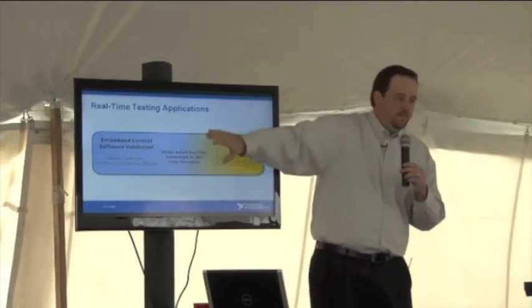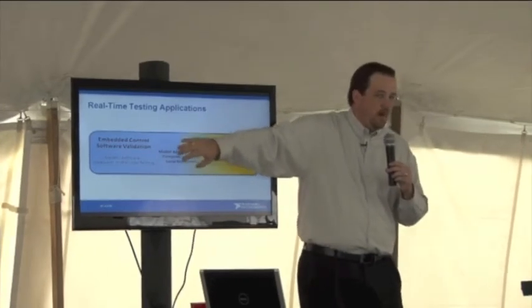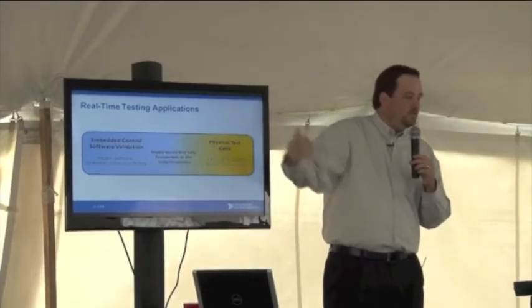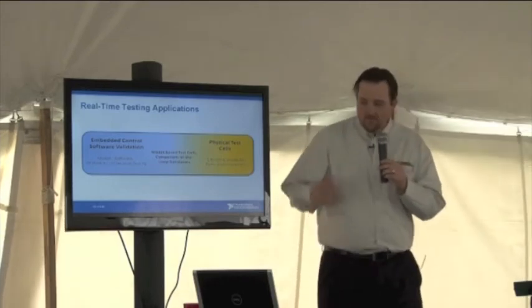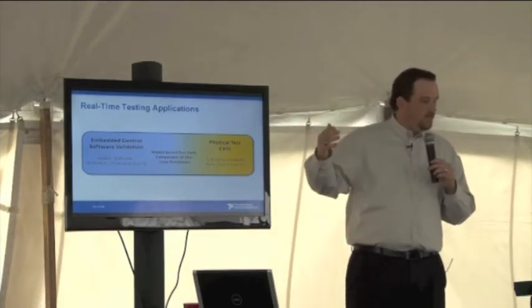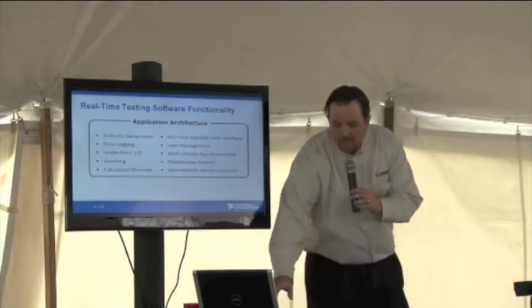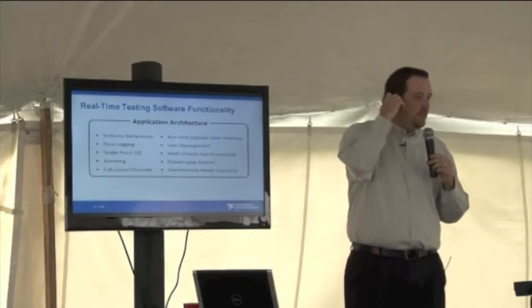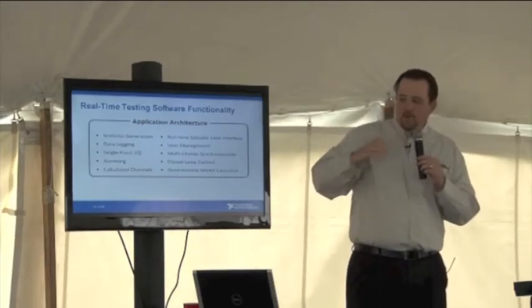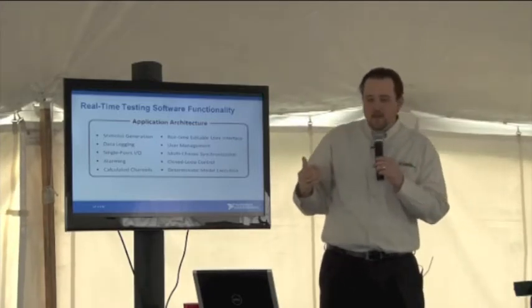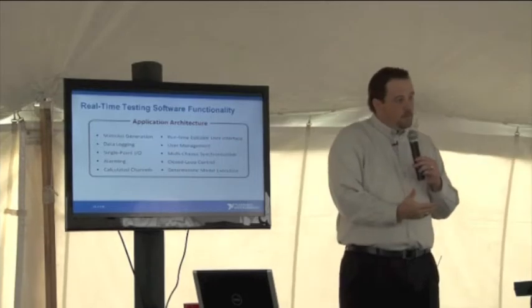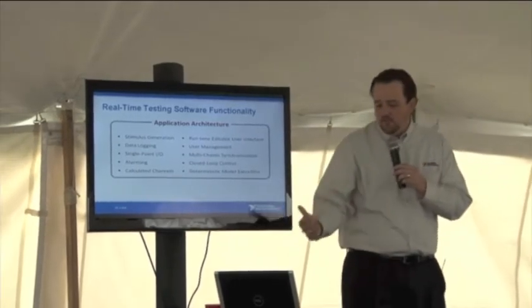And then these blended versions where we're now using models with physical control, such as model-based dynamometers or component-in-the-loop simulators. And if you think of all of these applications, there's really a common set of functionality that is necessary to implement them, whether it be real-time, point-by-point hardware I/O, support for the modeling environment that you need to implement the simulation, and so on.